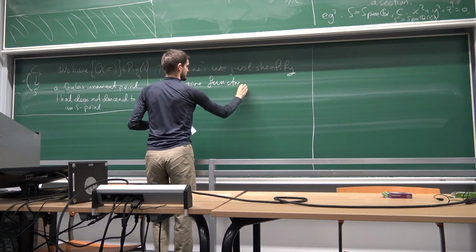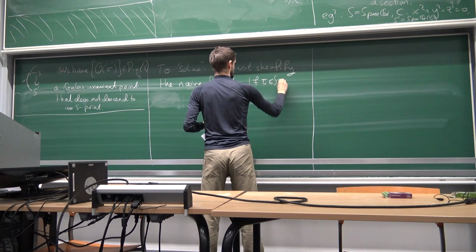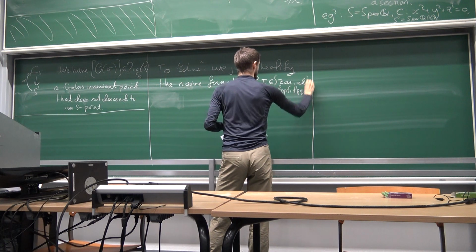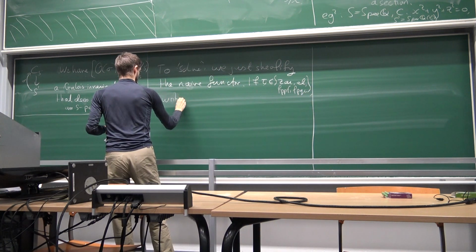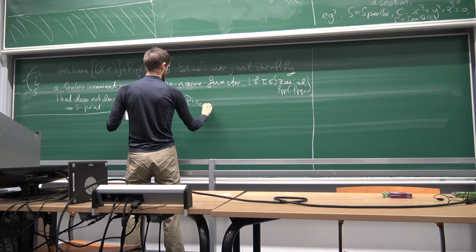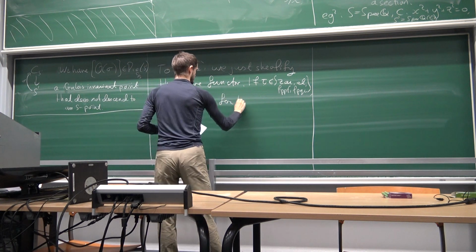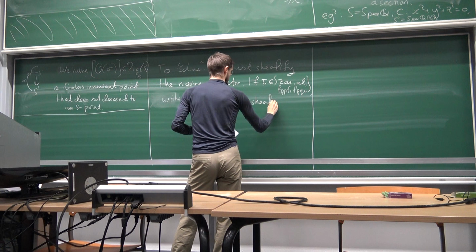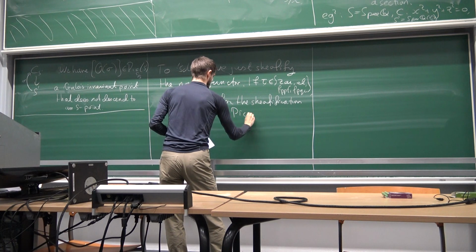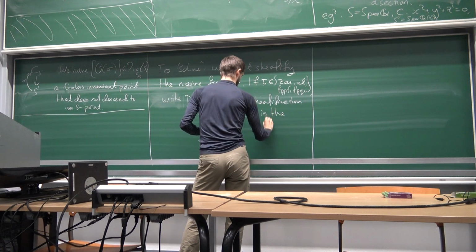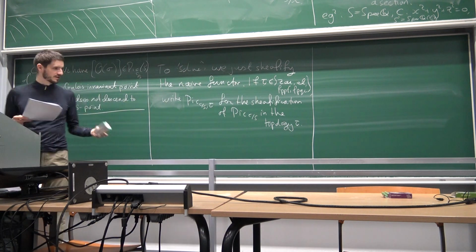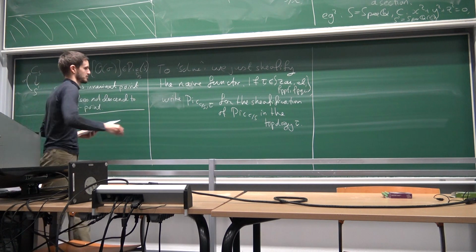If tau is in Zariski, étale, fppf, fpqc, I'm going to write Pic of C over S, what's my notation, comma tau, for the sheafification of the naive one in the tau topology. And so now I've done the terrible thing of making lots and lots of these, but the theorem will collapse most of them back together again.